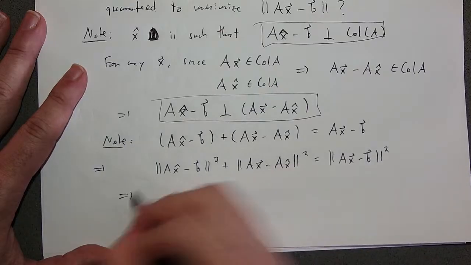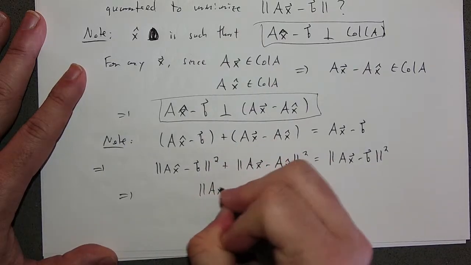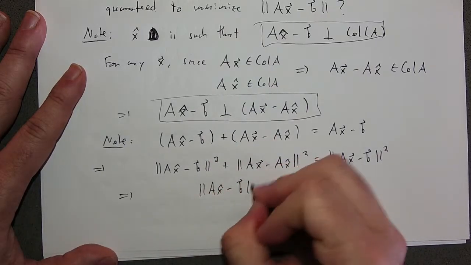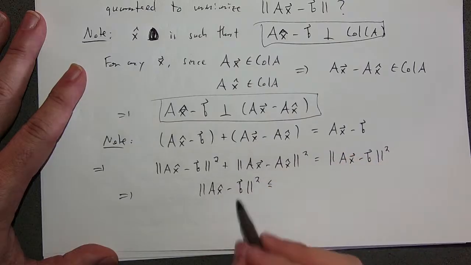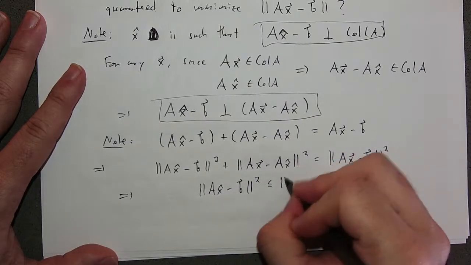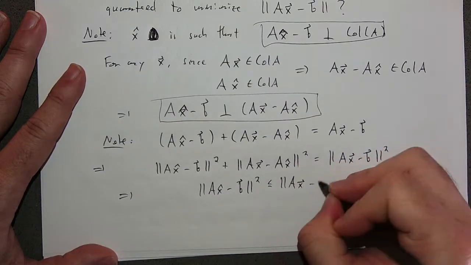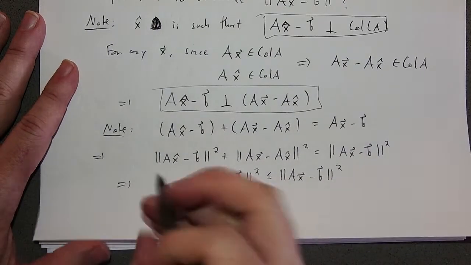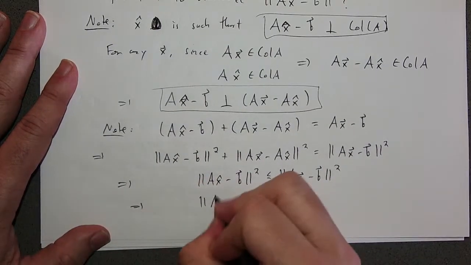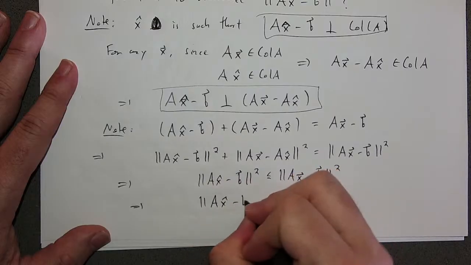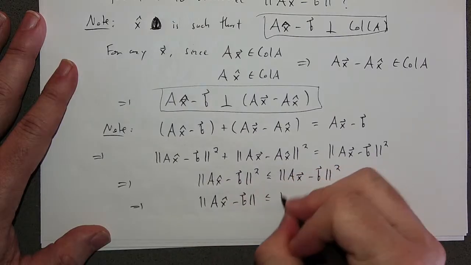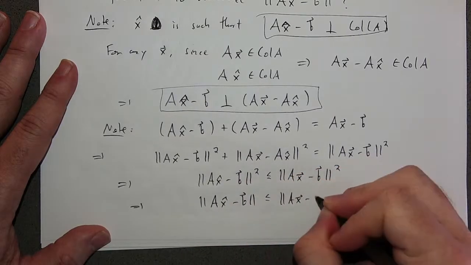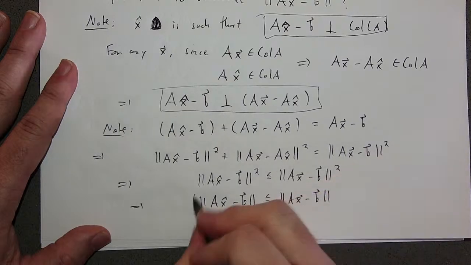So this implies that the length of Ax hat minus b squared is less than or equal to the length of Ax minus b all squared. Increasing function here. So this is what I get.